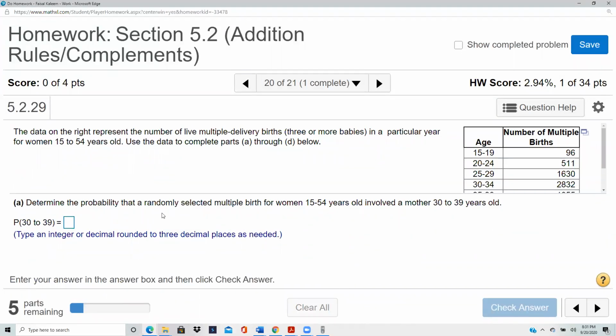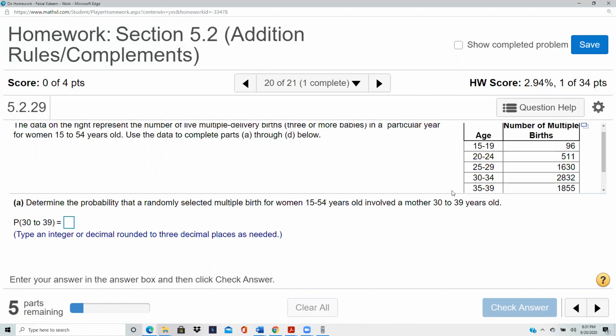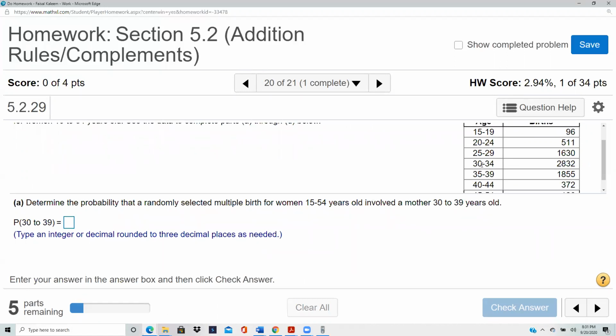Okay, determine the probability that a randomly selected multiple birth for women 15 to 54 involved a mother who was 30 to 39 years old. So 15 to 54 is all the women. 30 to 39 would be 30 to 34 and 35 to 39, so both these will be added up to get the 30 to 39.